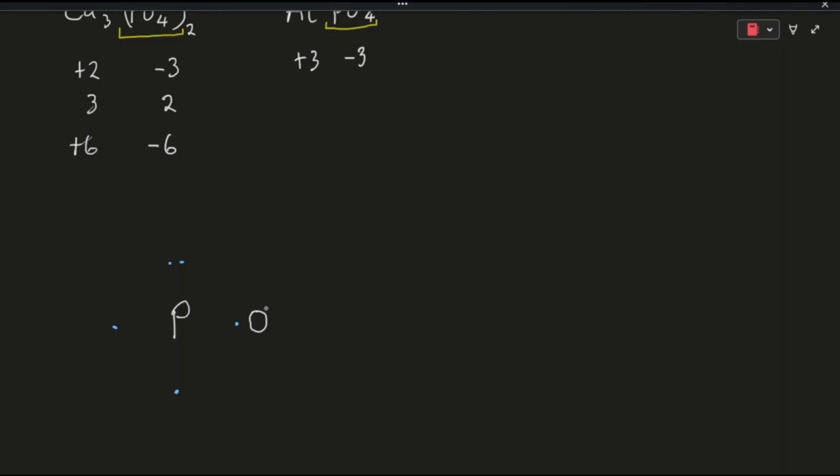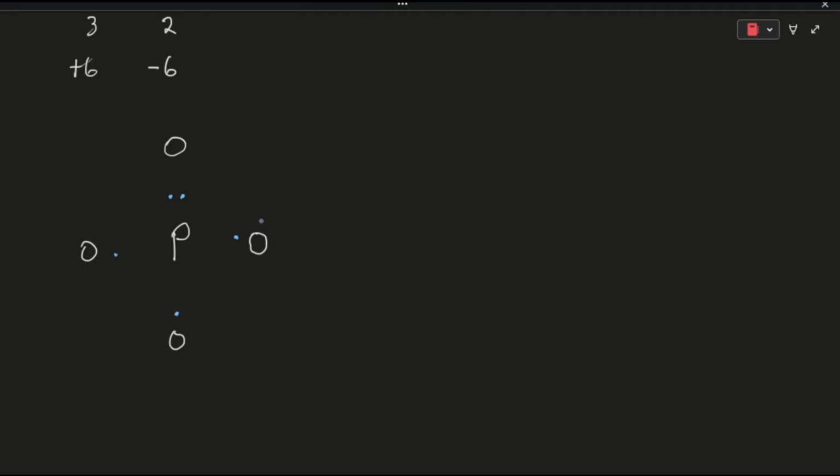And so this is oxygen. There are 4 of them. So now we're going to add up to 32. So we already have 5, 6, 7, 8, up to 32.